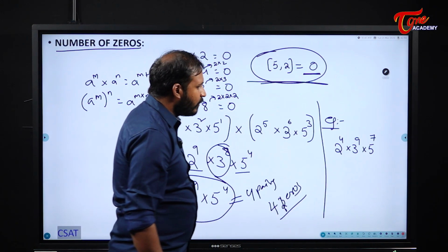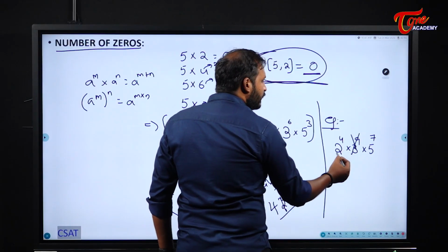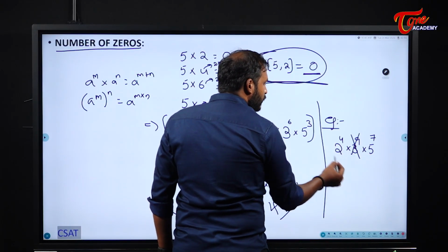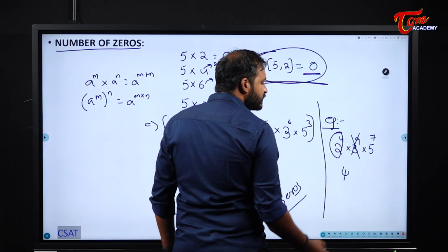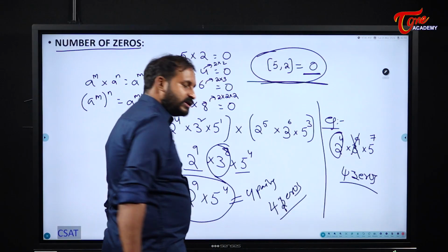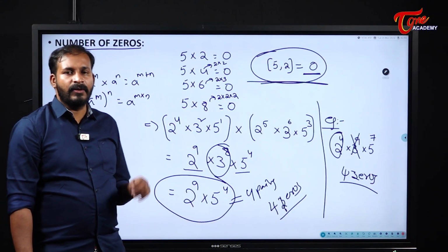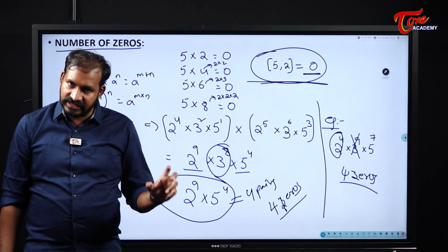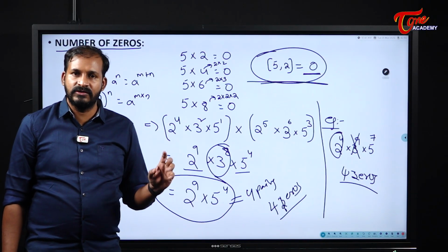We will not bother about the power of 3, we will only look for 2 and 5. What is the least power among 4 and 7? 4. So we can make 4 pairs, so the number of zeros will also be 4. Understood, students? Whichever power is less in value, that will become our number of zeros answer.